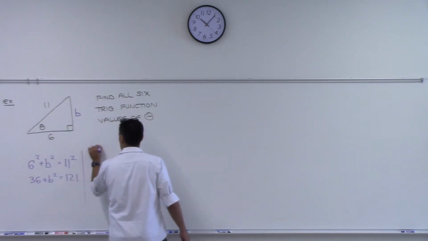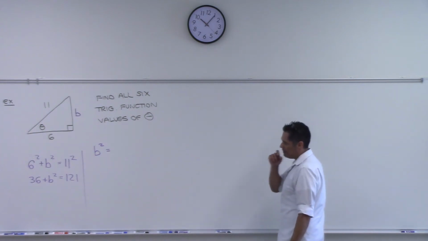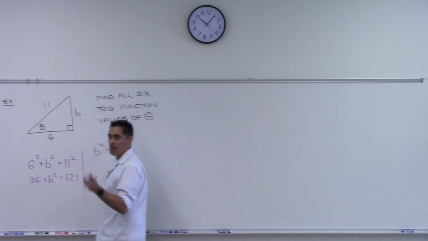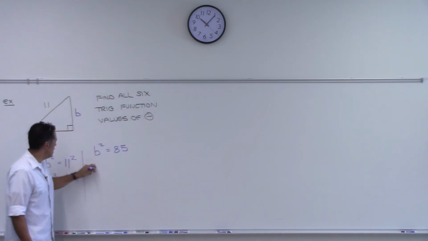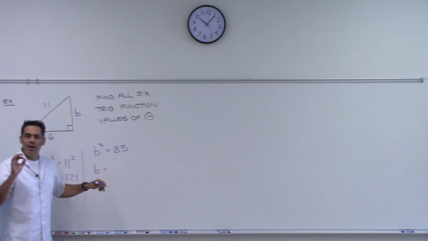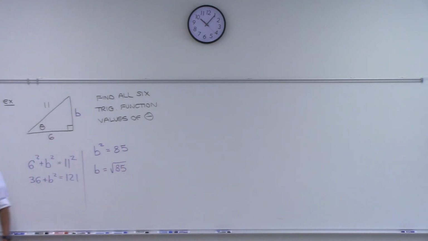You get B squared is what? What's 121 minus 36? 85? And now we take the square root on both sides. So B is 9 point, right, decimal, right? We're not going to use the decimal. We're just going to leave it as square root of 85. And that's fine. Since it's not a perfect square, we're just going to leave it.